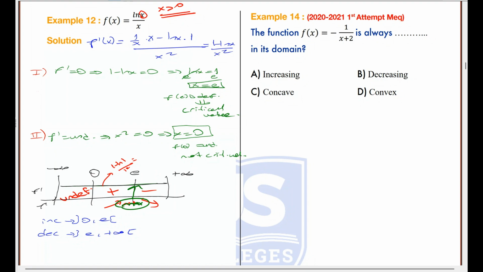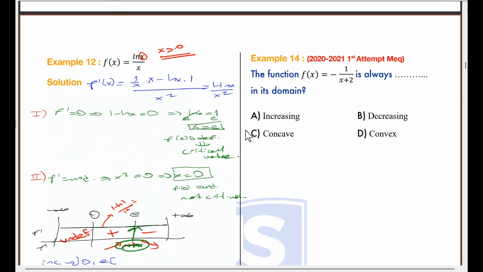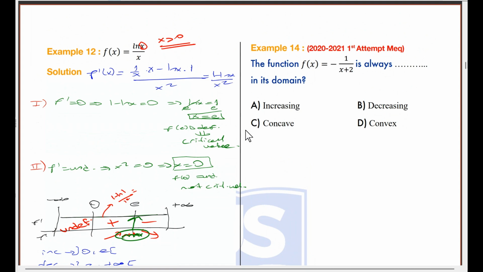All right. This is a nice question. Let's take a look at this ministry exam question, the test question. It gave us this function. Is it always increasing? Is it always decreasing? Is it always concave? Is it always convex?